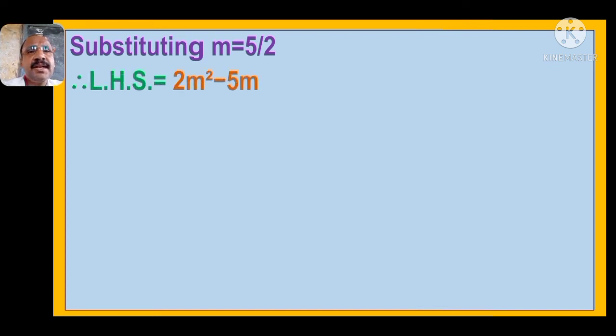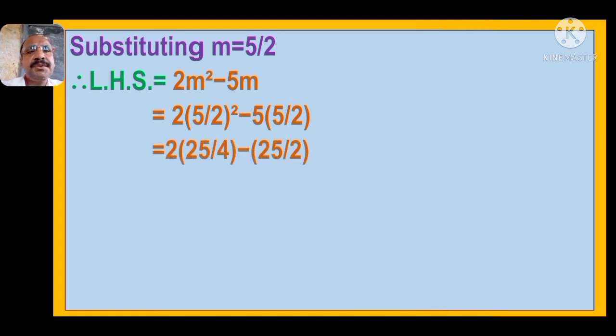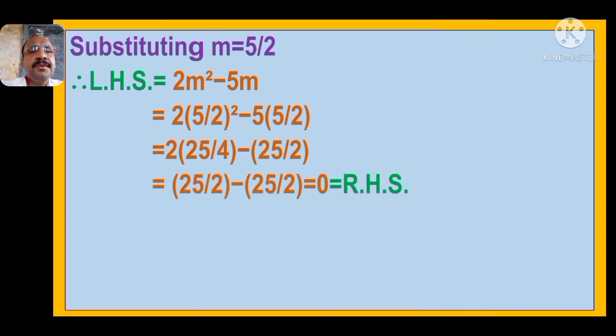Now, substituting the value of m, 5 upon 2, in the given equation, we get left hand side is equal to 2m square minus 5m. After substituting, 2 into 5 upon 2 bracket square minus 5 into 5 upon 2, we get 2 into 25 upon 4 minus 25 upon 2. 2 2s are 4.